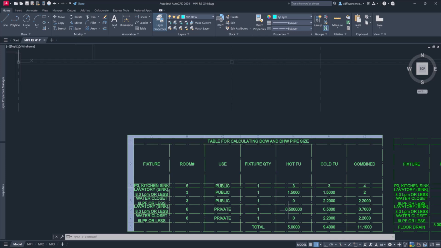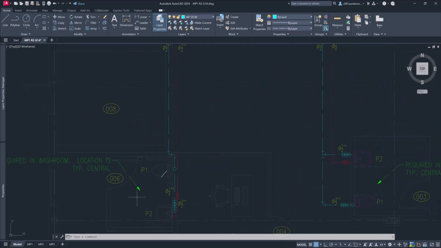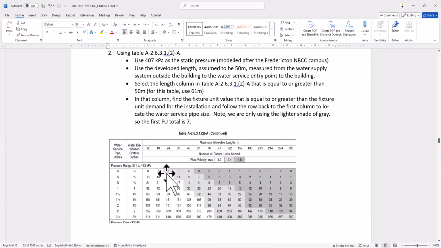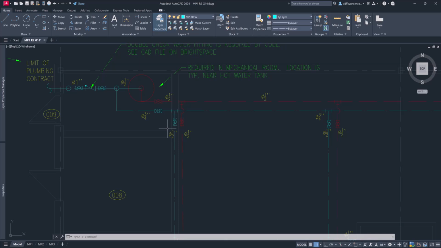But so lav sink is going to have basically 0.5 and 2.2. So it's 2.7. 2.7, we go back to our table here, is less than 6. Right, so we go back to our original section to size each branch, is less than 6, which means it'll be a 1/2 inch line all the way up.